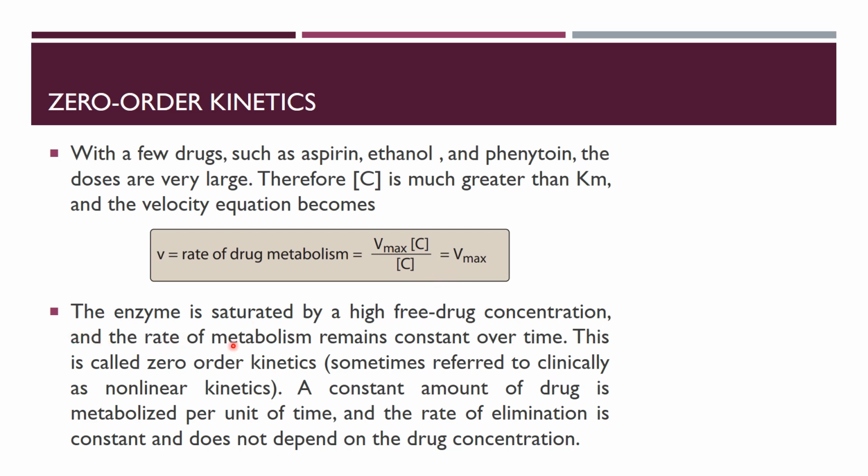The enzyme is saturated by a high free drug concentration and the rate of metabolism remains constant over time. This is called zero-order kinetics, sometimes referred to clinically as nonlinear kinetics. A constant amount of drug is metabolized per unit of time, and the rate of elimination is constant and does not depend on the drug concentration.